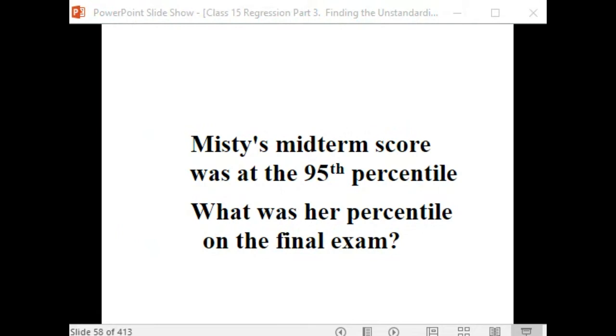In this example, we have two variables, her percentile score on the midterm and her percentile score on the final exam, and we're asked to estimate her percentile score on the final exam. So her percentile score on the final exam is the criterion. The predictor is the percentile scores on the midterm.